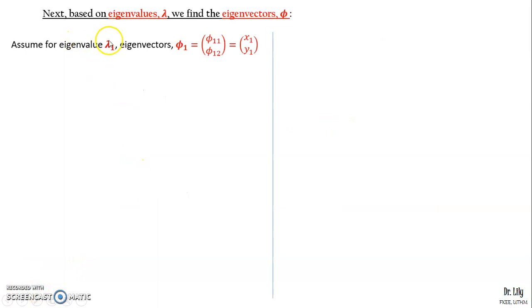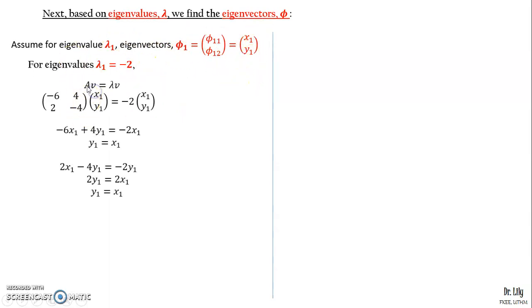As usual, for the first eigenvalue, which is negative 2, we assume our eigenvector is V1 equals X1 and Y1. So how do we find it? Use the formula AV equals lambda V. You just substitute the value of matrix A, the eigenvector V and lambda. Lambda is negative 2. Once you substitute, we expand the equation row by row.